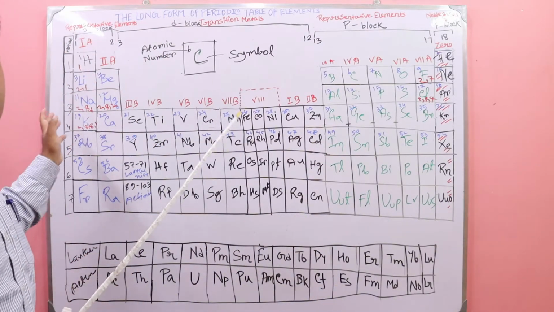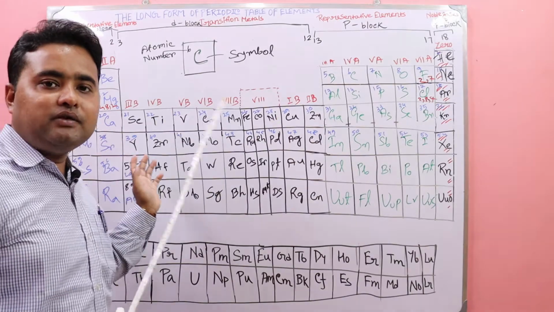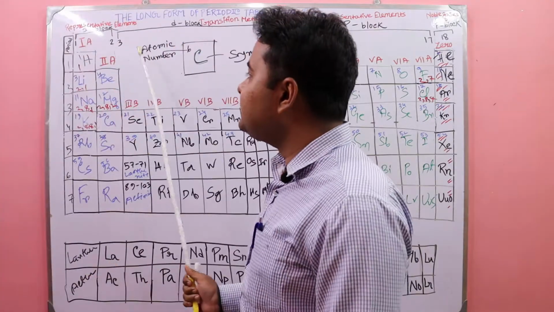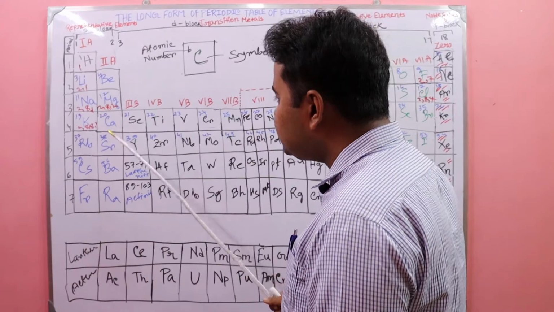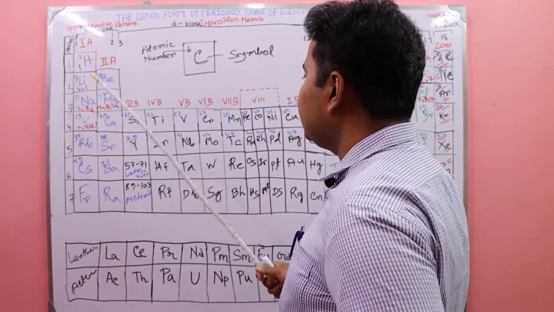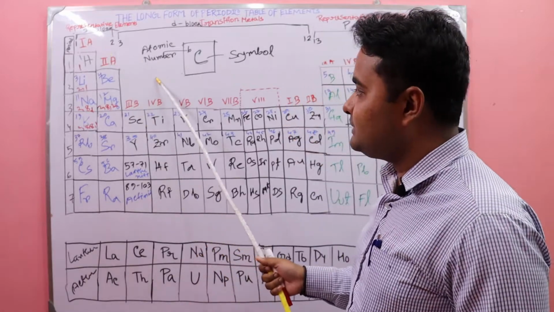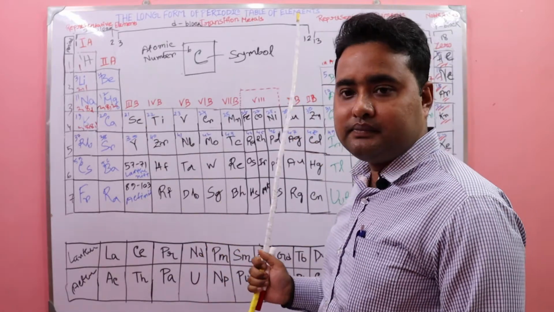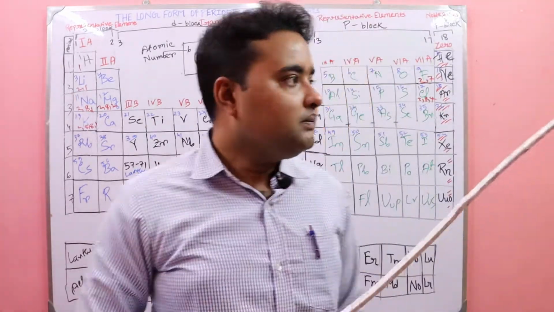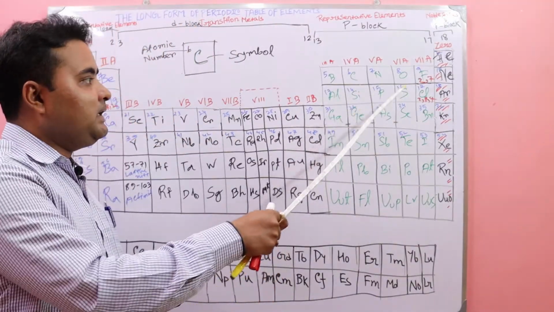So we can easily say that from the left side of the table, if we gradually go to the right side, the metallic characteristics gradually decrease and the non-metallic characteristics gradually increase.